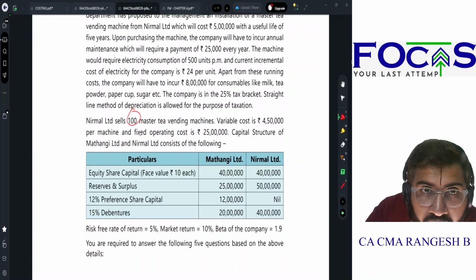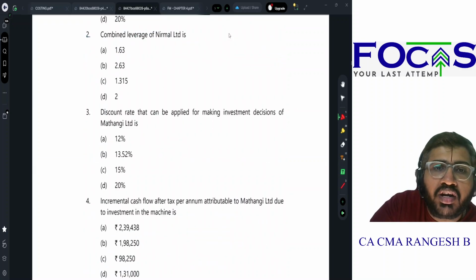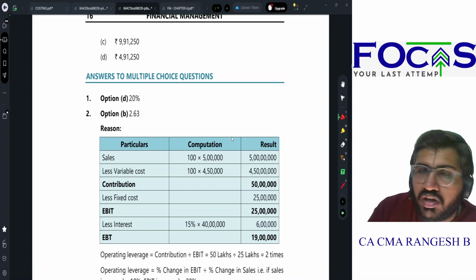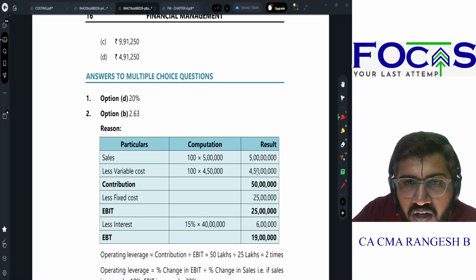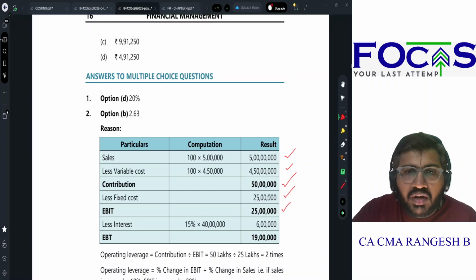So one vending machine value is 5 lakh rupees, which is given here. So 100 into 5 lakhs, 5 crores is my sales. Variable cost direct 4,50,000. So 100 into 4,50,000, 4 crores 50 lakhs. Contribution is 50 lakhs. Fixed cost is 25 lakhs. EBIT is another 25 lakhs.